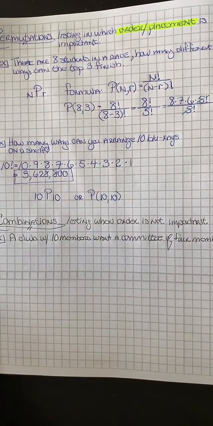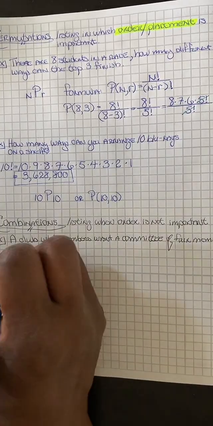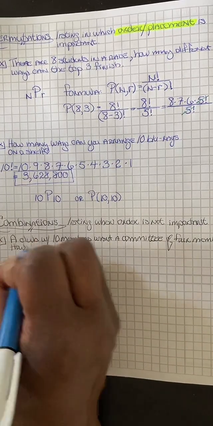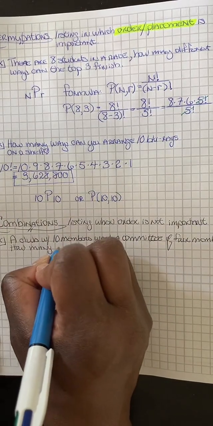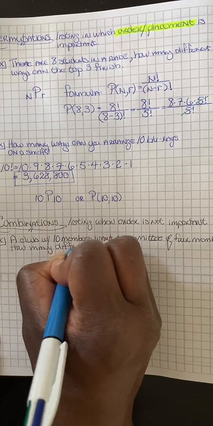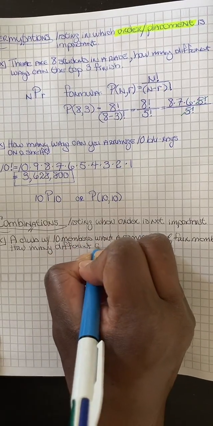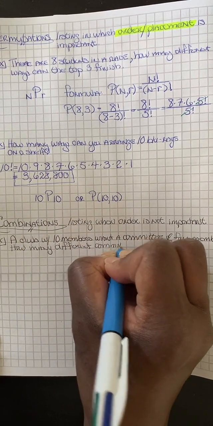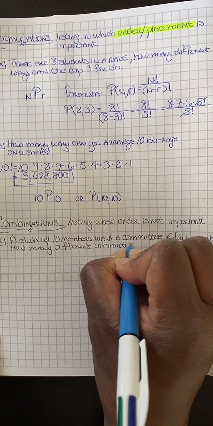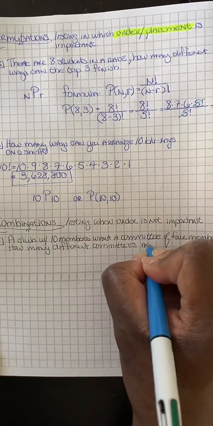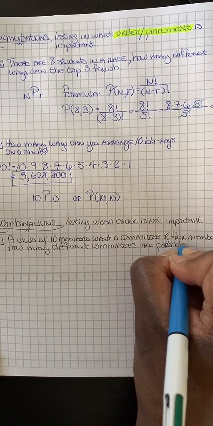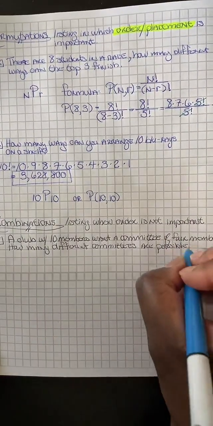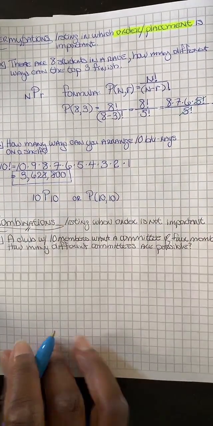So we want to know how many different committees are possible. We'll say possible, because it's not set in stone until someone actually votes.